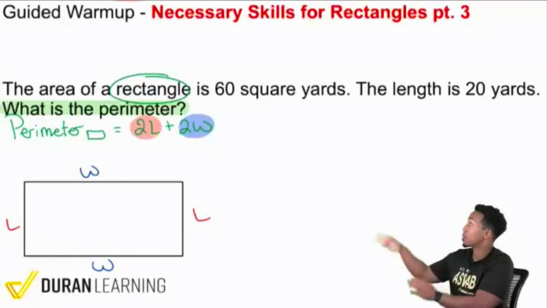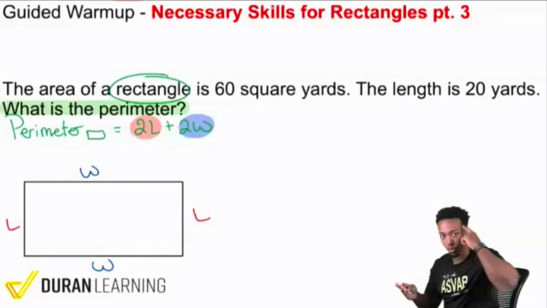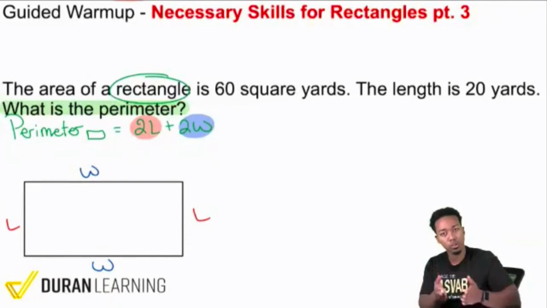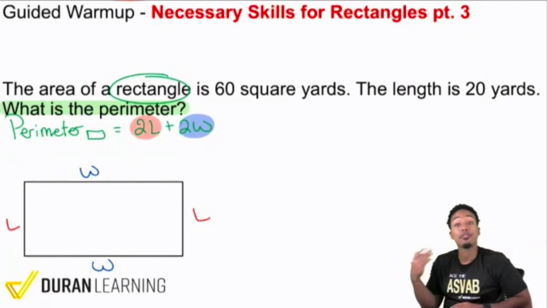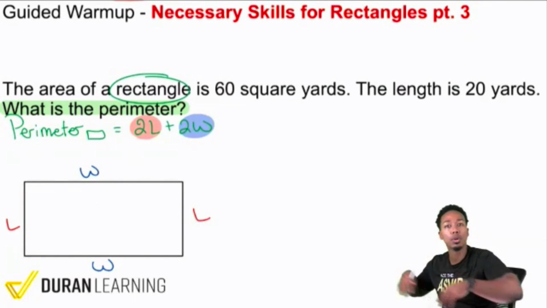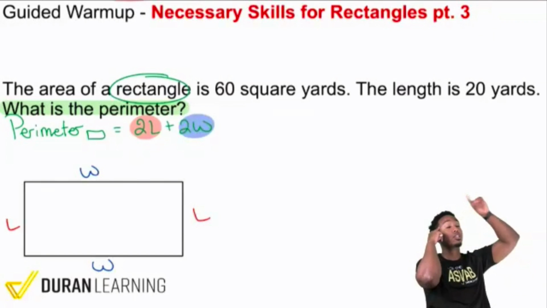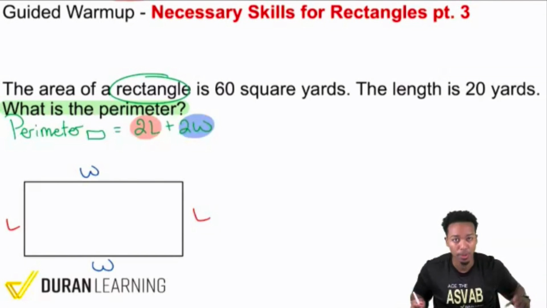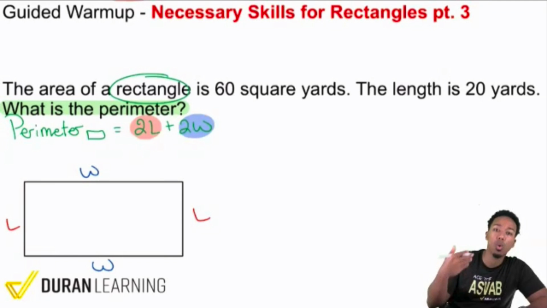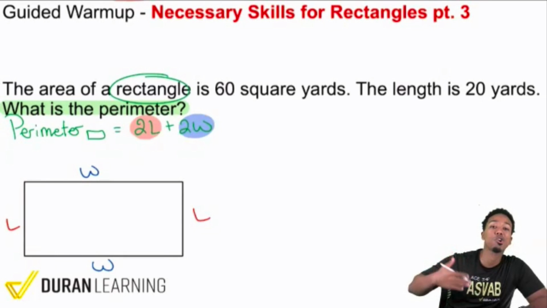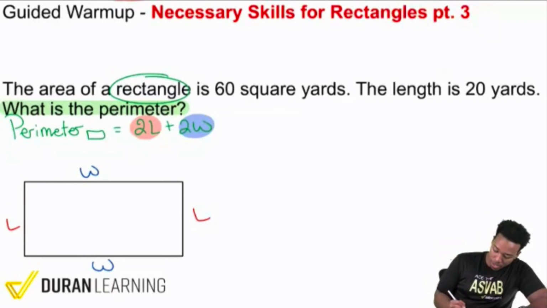Because we're dealing with the perimeter of a rectangle and we memorize the formula, 2L plus 2W, because you have 2 lengths and 2 widths. If I had the length and the width, plug it in, boom, I'm done. Or I can do it in my head, whatever way you want to do it. That's the information we want. Now, what information are we given?